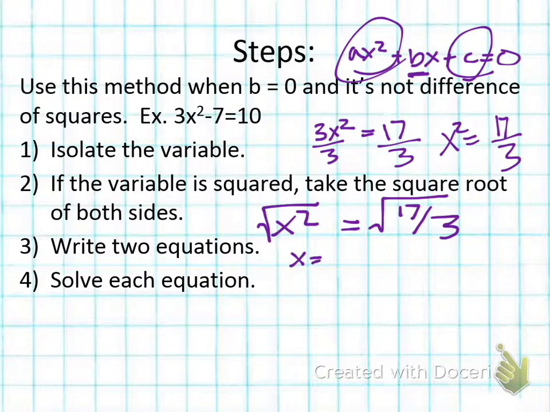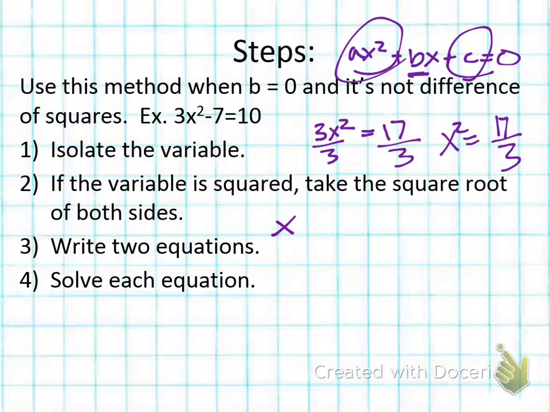You say x equals, okay, well, something squared gives me 17 thirds. If I have x squared equals 17 thirds, before I take the square root, I'm thinking, okay, I want to know what number squared gives me 17 thirds. And I know that I'm always going to have a positive case and then a negative case, right?